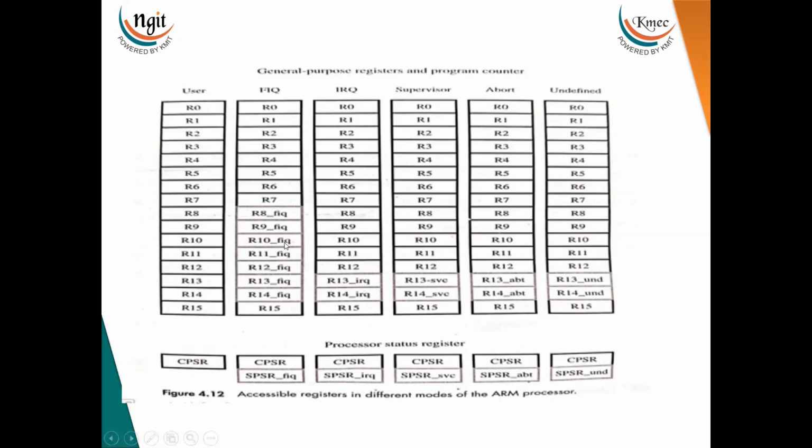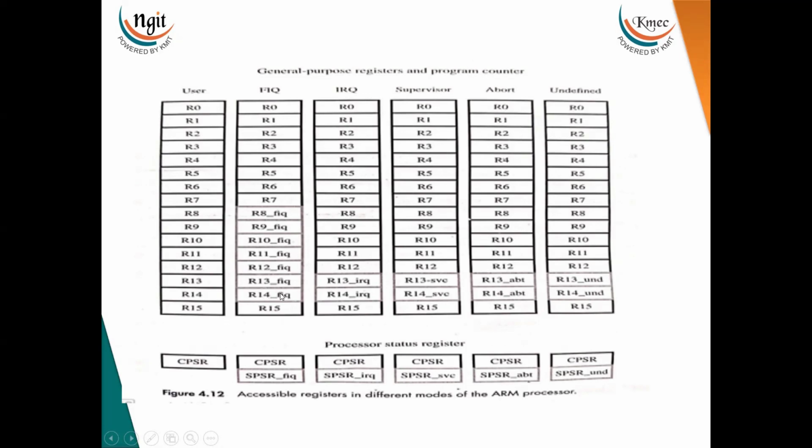Now here, if the request comes from different modes, then there is no need to store the content onto the stack, because again the specific registers are there. But if the processor is executing the main program and an FIQ occurs, and in between, while it is executing the ISR of FIQ, the same FIQ occurs again, then R14 is already filled with the first PC value.